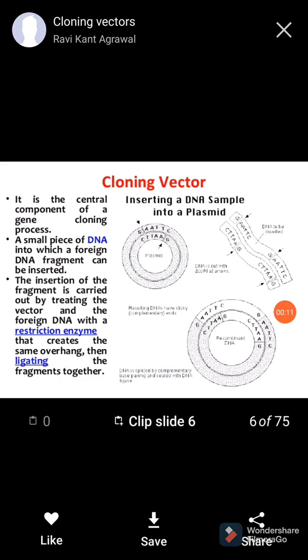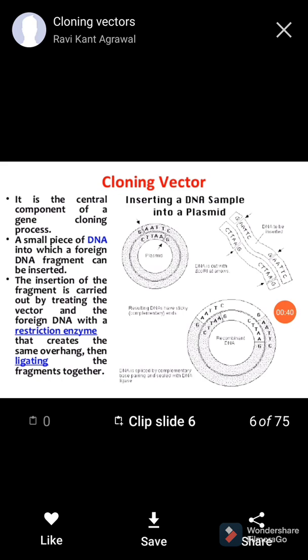But the simpler vectors, called the transcription vectors, are only capable of being transcribed, okay, but not translated. That is why they are referred to as transcription vectors. However, they can be replicated in the target cell, but they cannot be expressed, unlike the expression vectors, meaning they are able to express themselves.